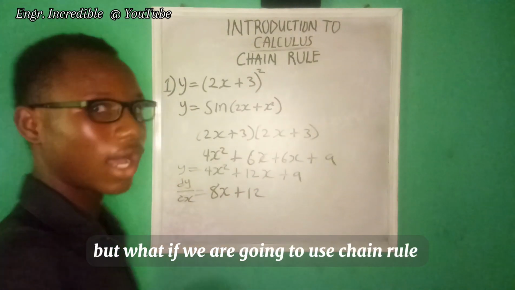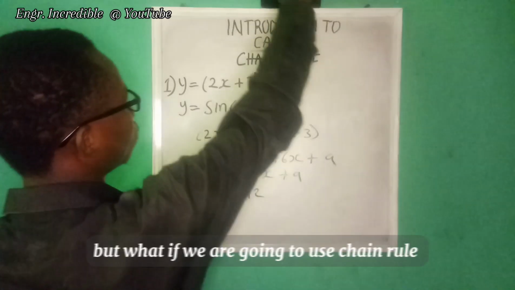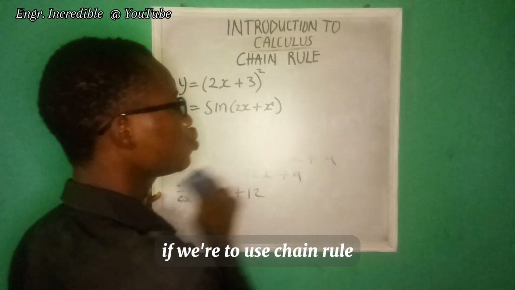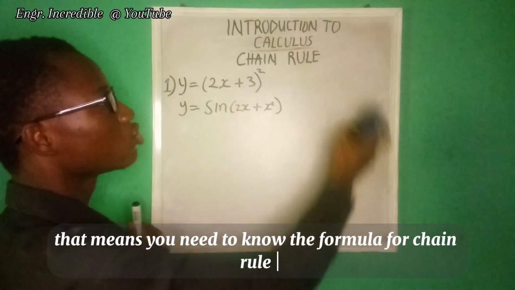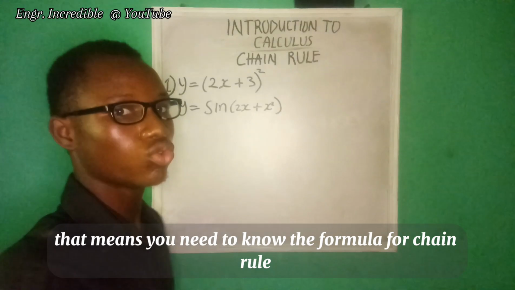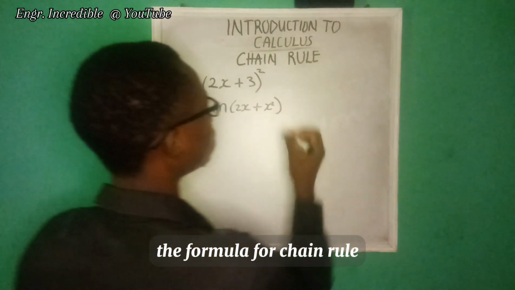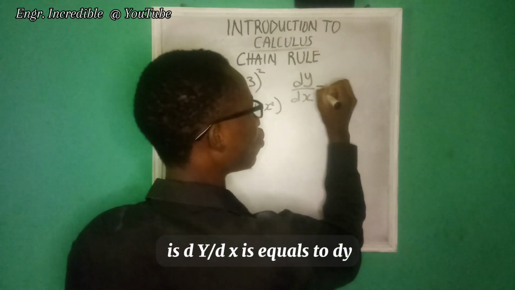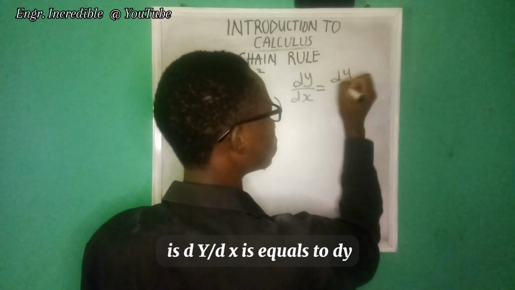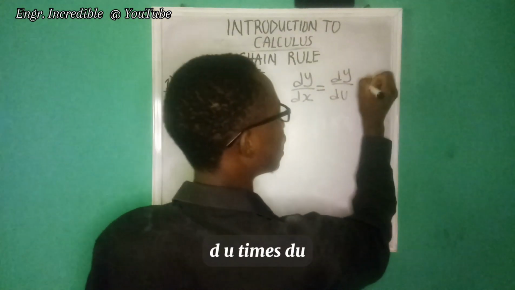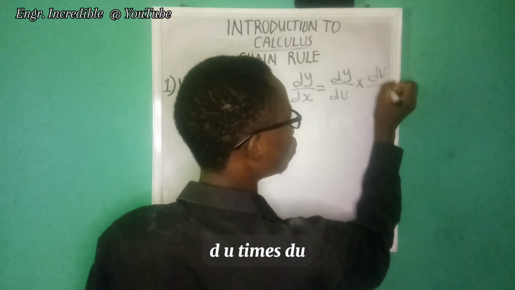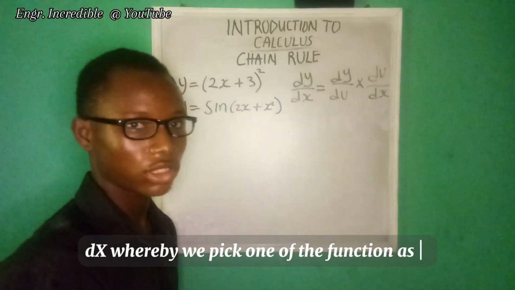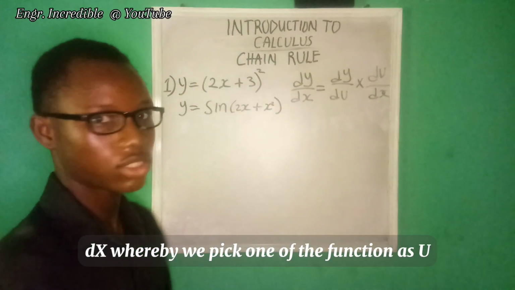But what if we are going to use chain rule? If we are to use chain rule, that means you need to know the formula for chain rule. The formula for chain rule is dy/dx is equals to dy/du times du/dx, whereby we pick one of the functions as u.